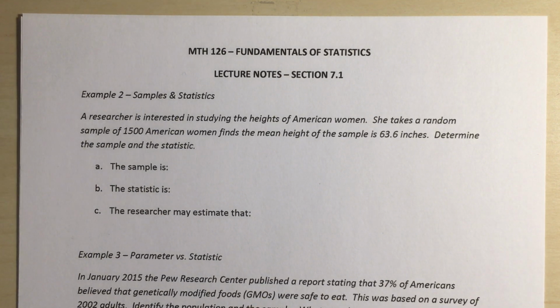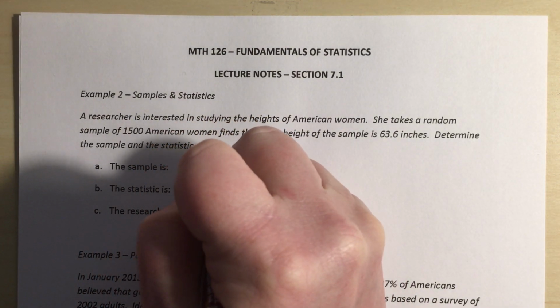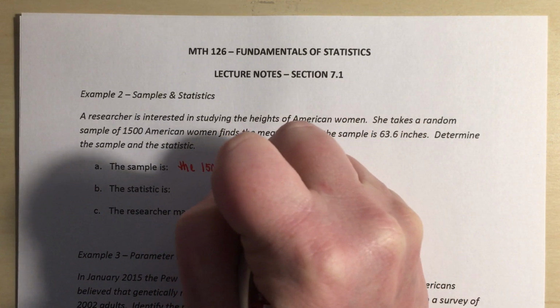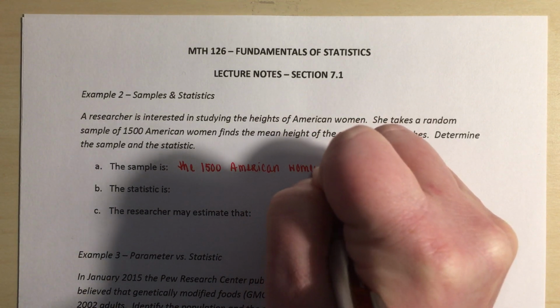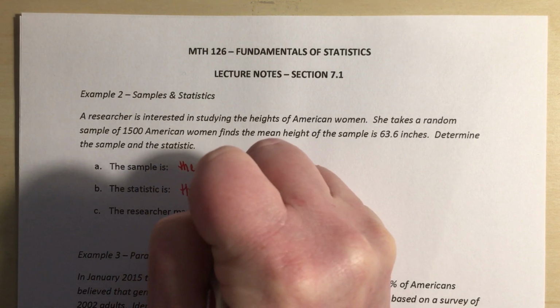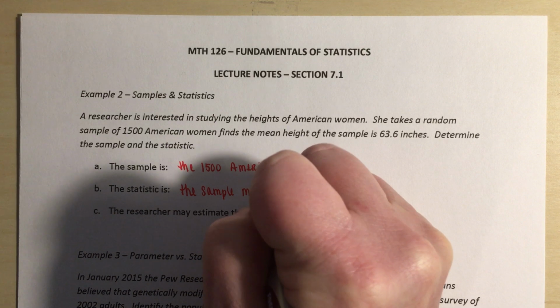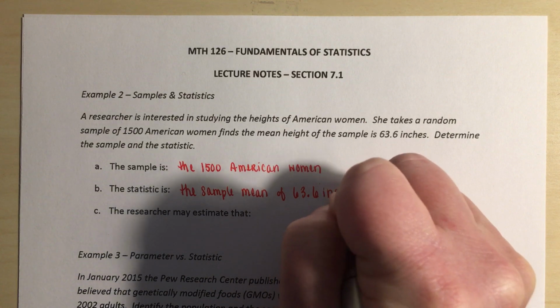A researcher is interested in studying the heights of American women. She takes a random sample of 1,500 American women and finds the mean height of the sample is 63.6 inches. Determine the sample, the statistic, and then what the researcher may estimate. Right, so the sample is the 1,500 American women. The statistic is the sample mean of 63.6 inches.